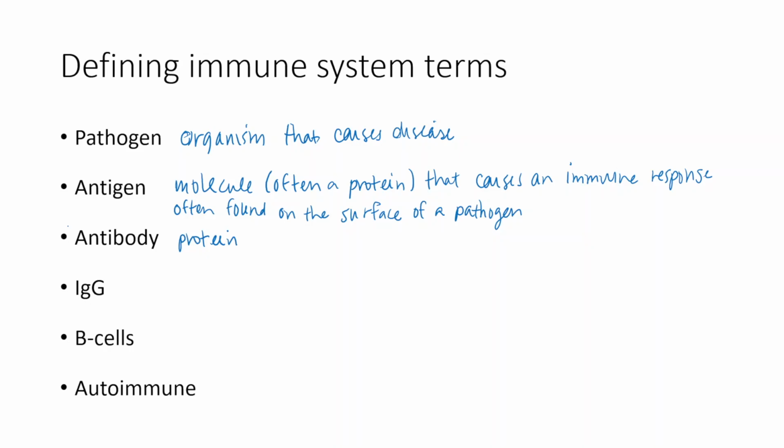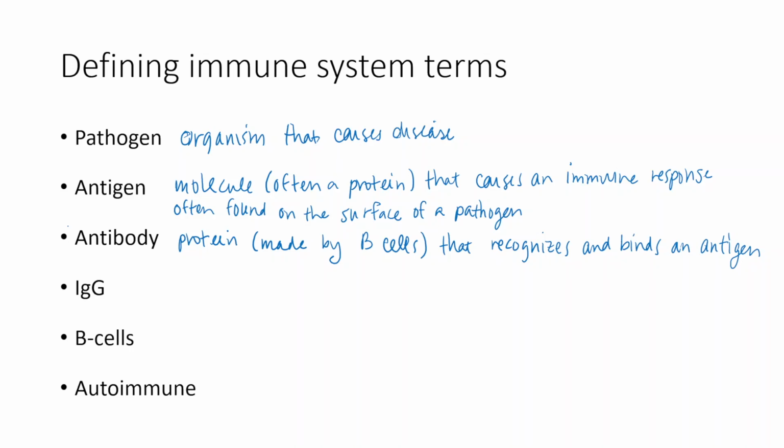Yeah, B cells. So it's a protein made by B cells, and it recognizes and binds an antigen. And you're right that it helps our body kill them, but it doesn't do that directly.